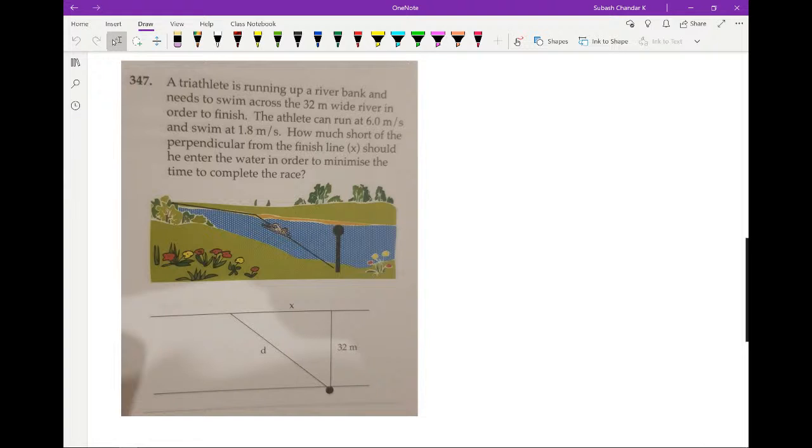Yeah, no, I got it, Dave. I'm just having a look at it. Just trying to figure out how to explain it to you guys. 32 meter wide, swim at 1.8. Because the original problem that I did, I actually had a distance that you could run at.